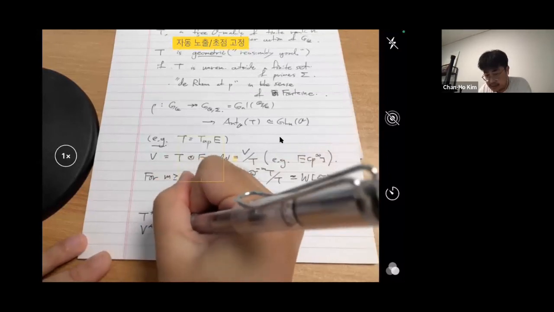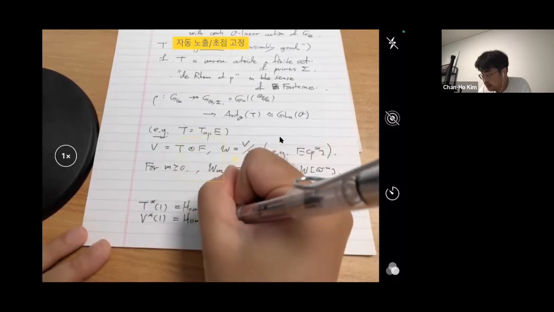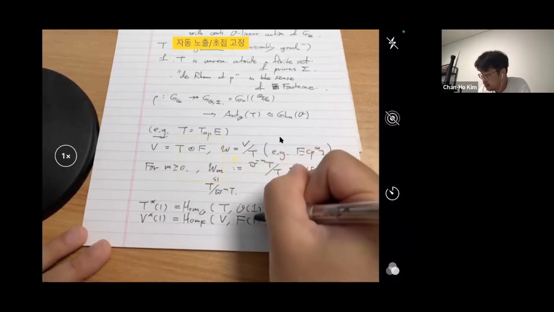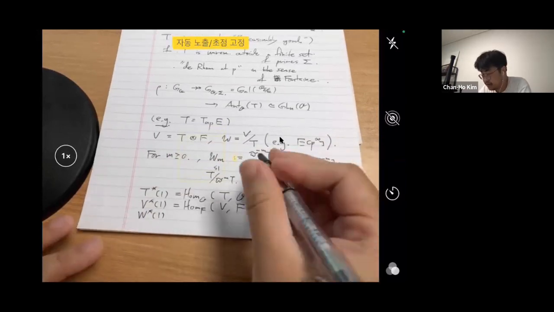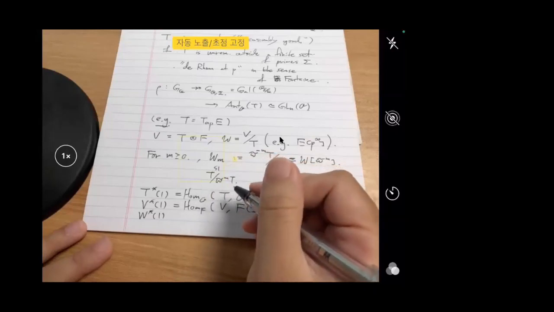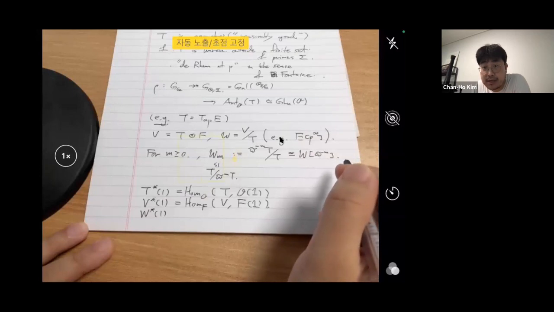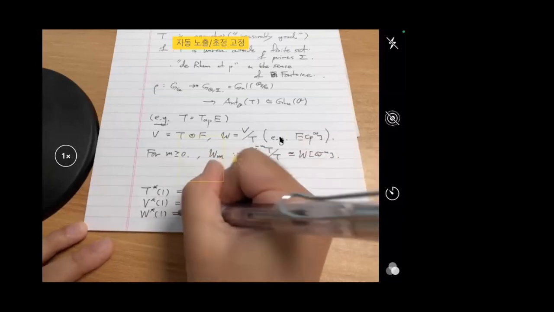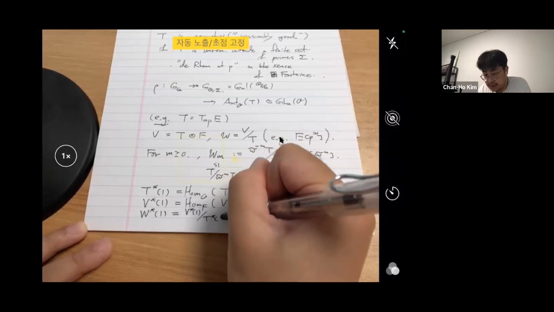You can expect V^*(1) is also defined in the same manner, and W^*(1) is V^*(1) quotient by T^*(1).